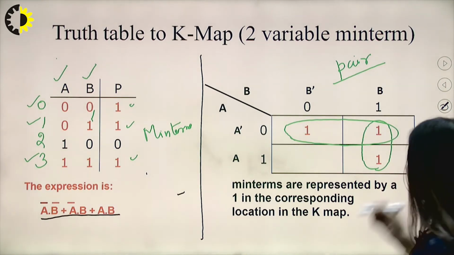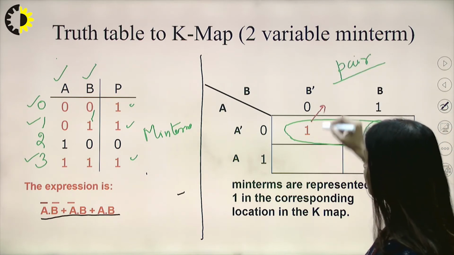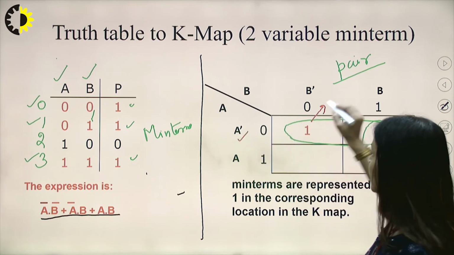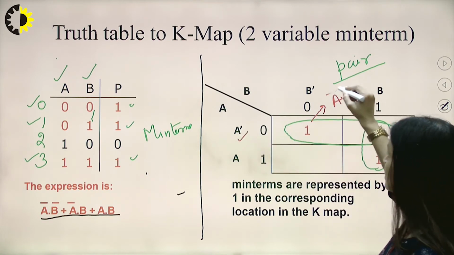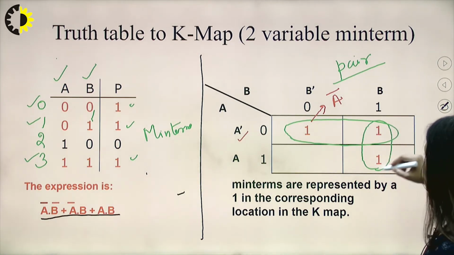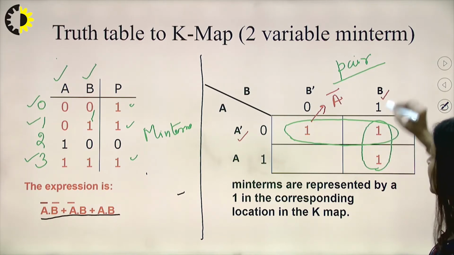Now I will write the expression. For this pair of two ones, A bar is the denotation according to the K-map. Similarly, for this pair, these two ones have B in common.